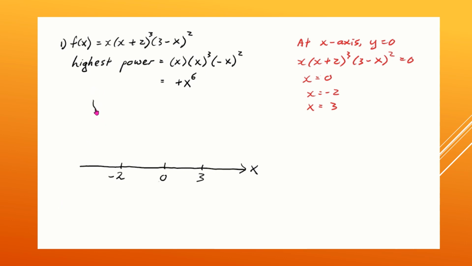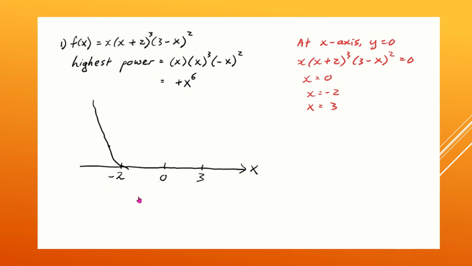here. When we start drawing the curve here and come to the first point, -2, and we look at the equation, we find that for the factor x plus 2, the power is 3, so this point -2 is an inflection point.